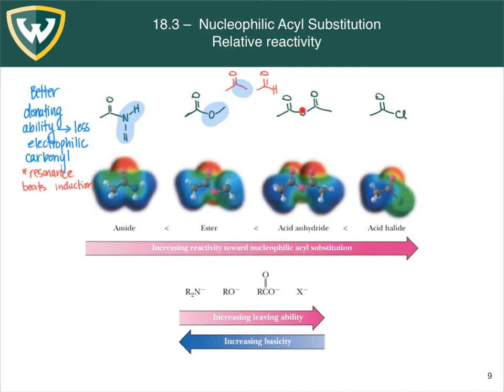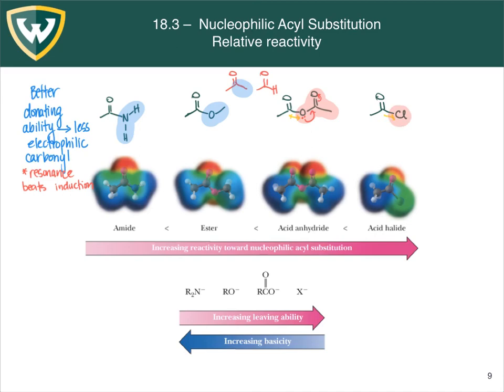So this oxygen is not donating like this one. Instead, this lone pair is being pulled in this direction. So we actually have the effect of that oxygen as pulling electron density away from the carbonyl carbon. So that's going to make the carbonyl carbon more reactive.